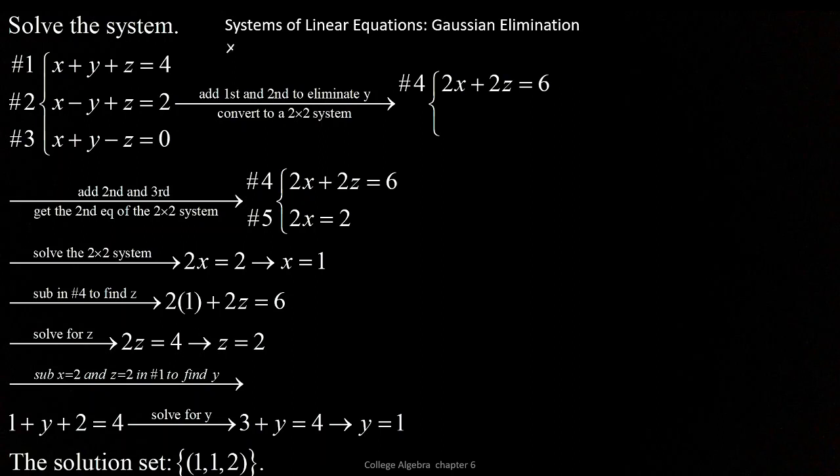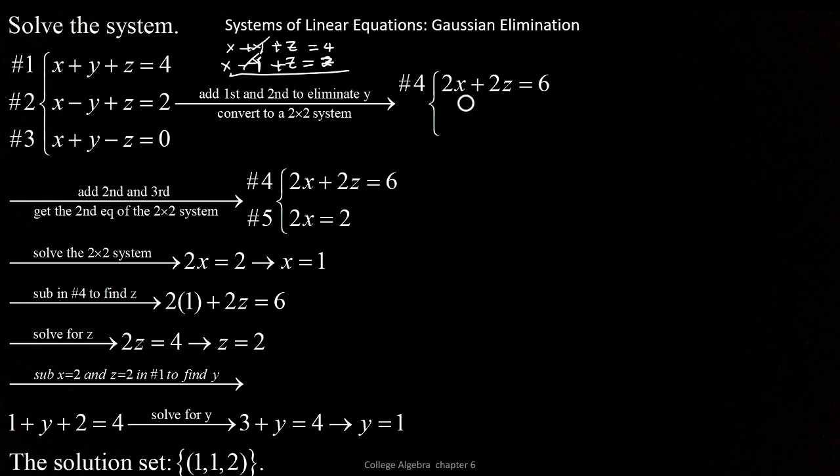If you add them, x plus y plus z equals 4, and add it to x minus y plus z equals 2. What do we get? Well, x plus x is 2x. These two cancel. z plus z is 2z. 4 plus 2 is 6, right?